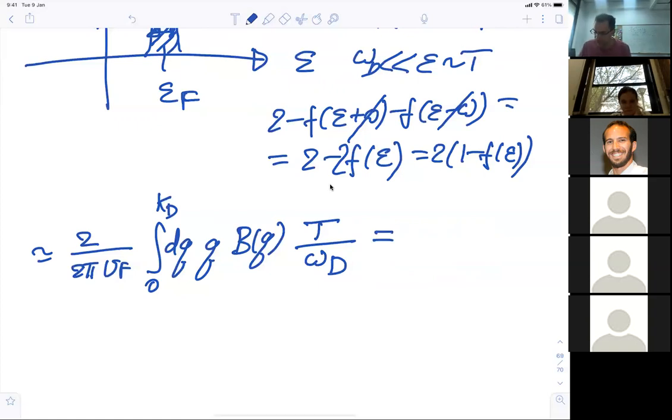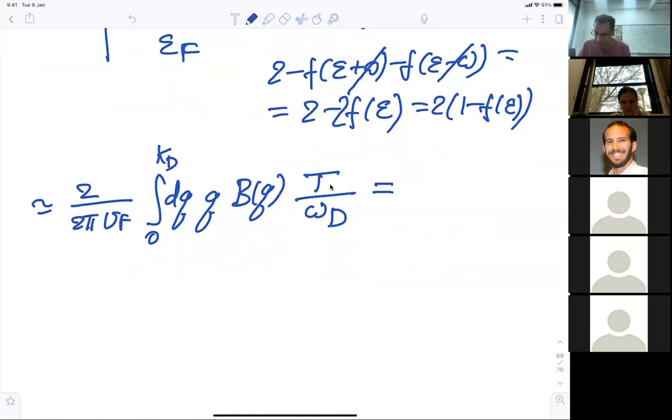And you have seen this type of calculation before. So I'm getting again temperature over v Fermi k Debye.